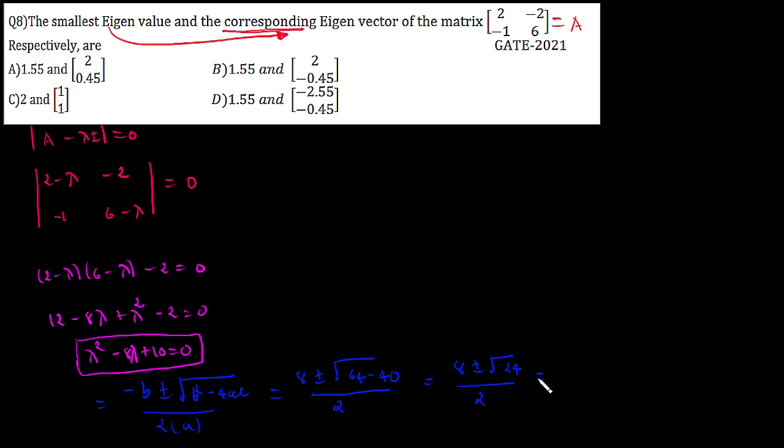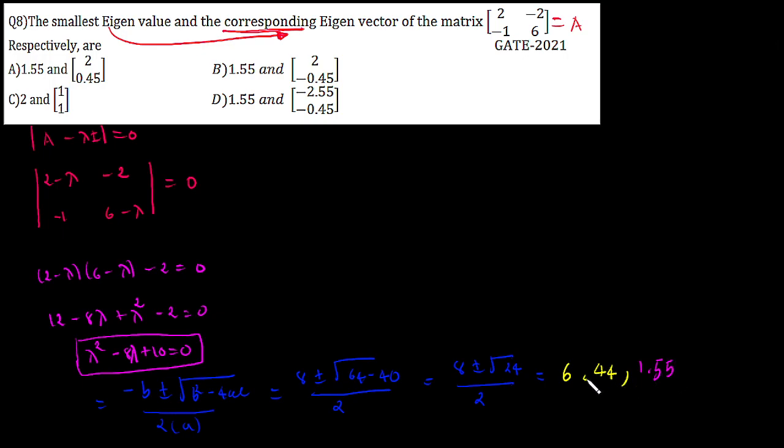Now let's find the two roots, one time taking the plus sign and one time the negative. So the first root is 6.44. Now the second root will be 8 minus under root of 24 divided by 2, and it is 1.55.